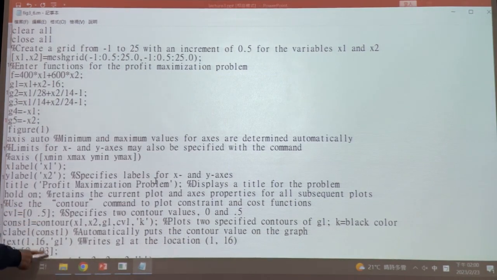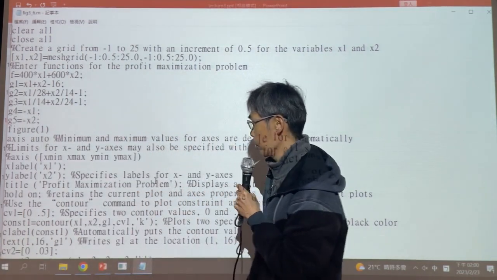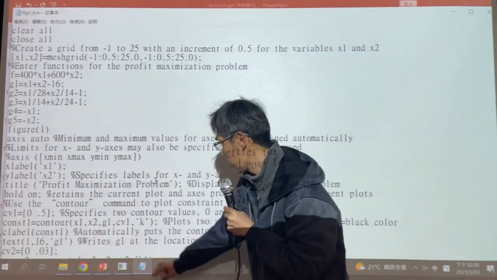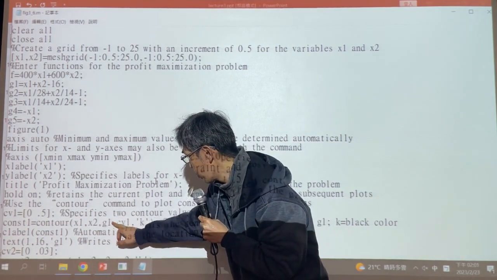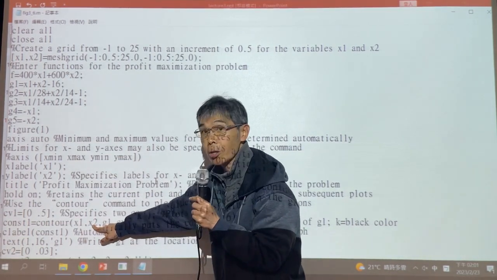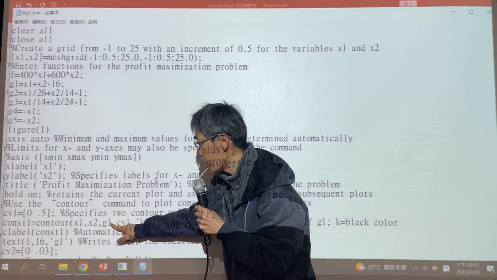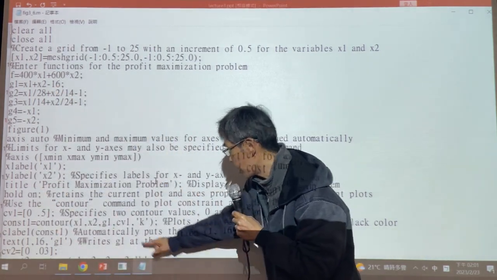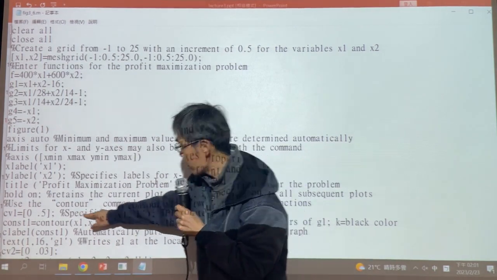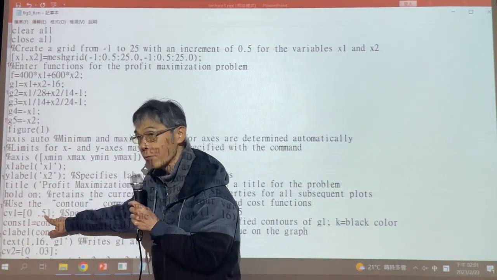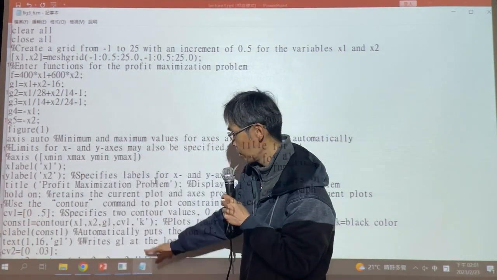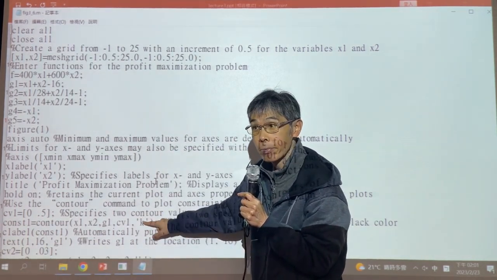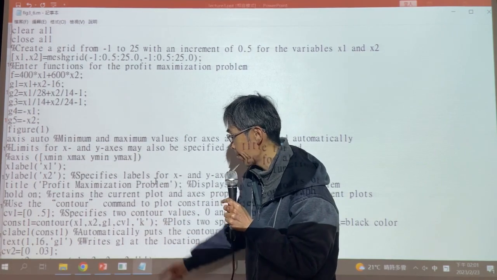Then contour S1, S2, and G1. S1, S2 are the coordinates, then G1, and CB1. Remember we defined CB1 here, 0 and 0.5, two contours, and black color, K means black.